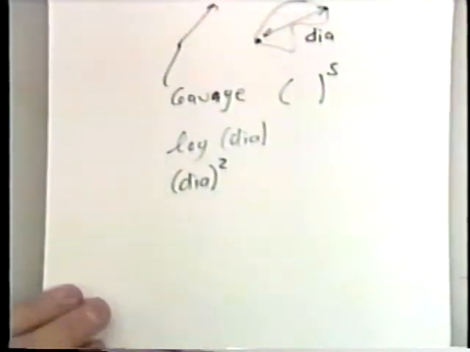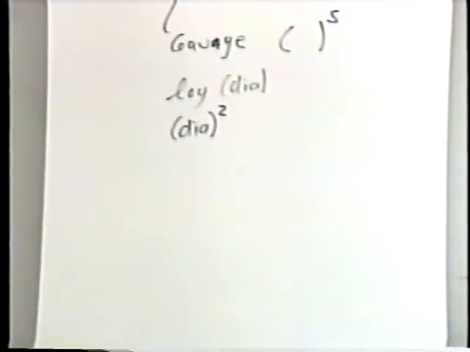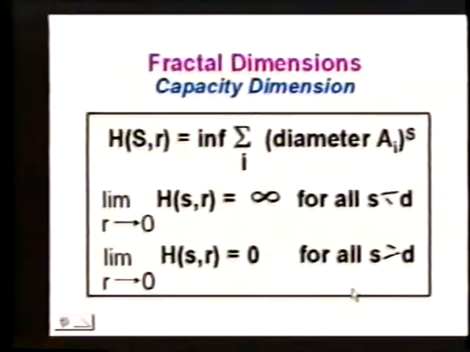Now, what happens with h of s, if we go back here, is that when we take the limit as r goes to 0, as the size of the sets goes to 0, this limit will either approach infinity or 0, depending on whether s is less than a certain value d, or s is greater than d.